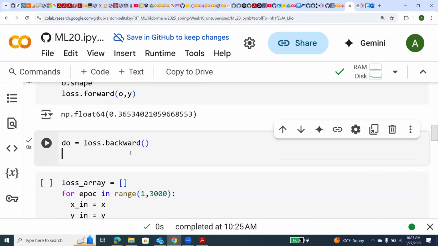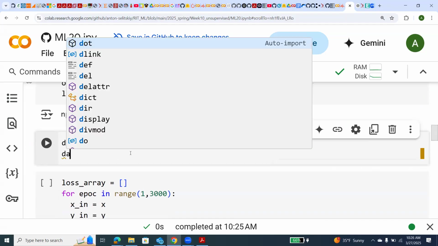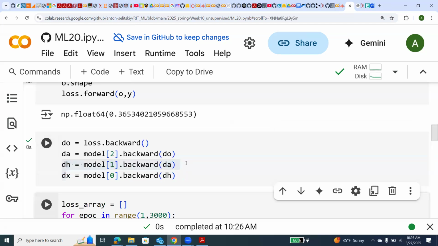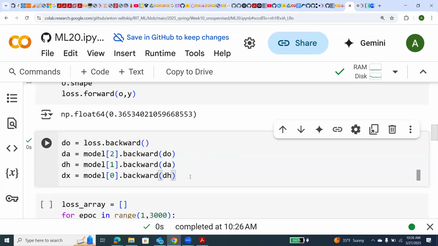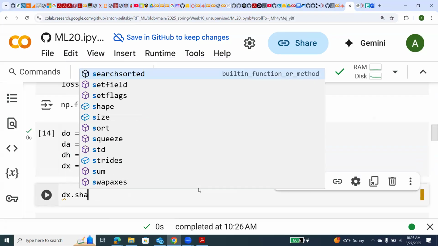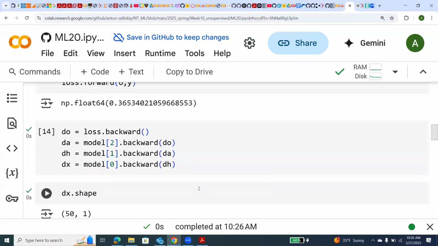Okay, let's look at the shape. The shape should be exactly the same as the shape of X.